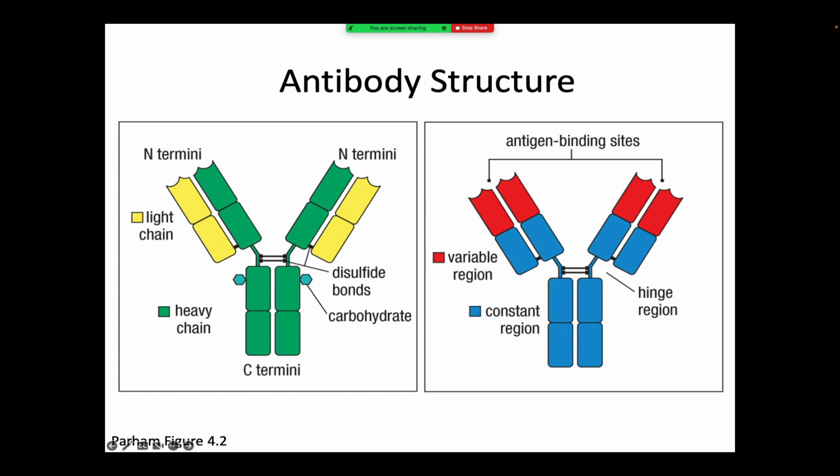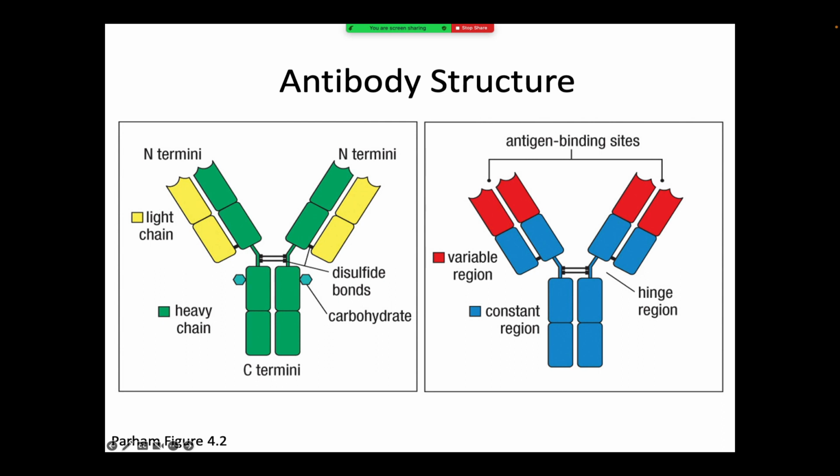We are going to spend a whole lot of time at some point talking about how we get differences in the parts that bind antigen, which are known as the variable regions. You can see that the very last immunoglobulin domain of the heavy chain and the light chain that is binding to antigen is known as the variable region. Shockingly, it varies a lot. There are millions and millions of different kinds of them.